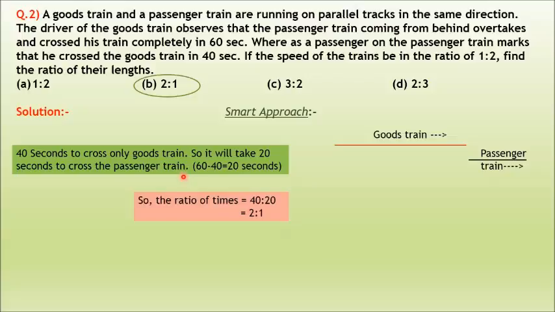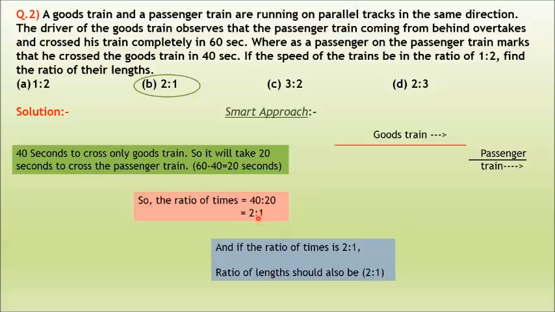If the time required to cross the goods train only is double the time required to cross the passenger train, the length of the goods train must also be double, as both are proportional in nature. So the ratio of the lengths would also be 2:1. So we find our answer very easily, that is 2:1, and the option is B.